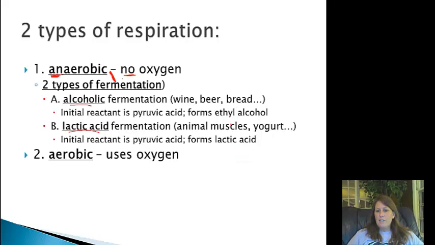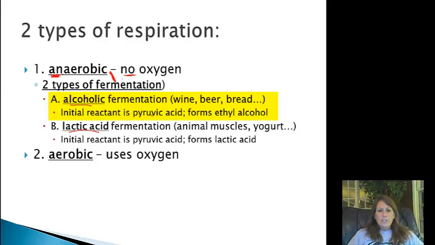Now, it doesn't mean that you can't find them in other organisms, but primarily. So if I'm thinking about alcoholic fermentation, that would be when wine or beer ferments, or even bread. That's why bread rises, and we're going to actually do a lab on this, and that's why you have yeast, and so it causes the bread to rise.